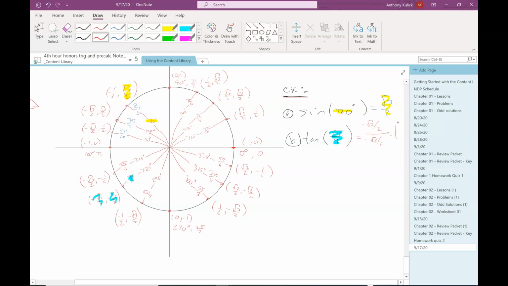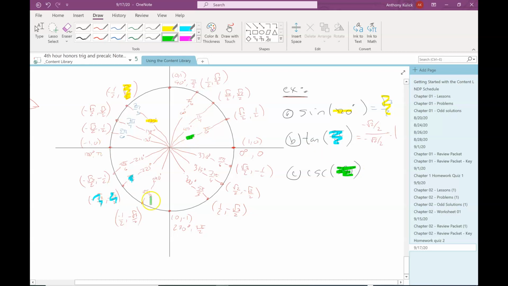And then what if I wanted cosecant of 390 degrees? Uh-oh, what's the problem? 390 isn't on my unit circle here, right? Well, what do you notice? 390 is coterminal with 30 degrees, is it not? So if I do 360 and then 30 more, I'm back here.